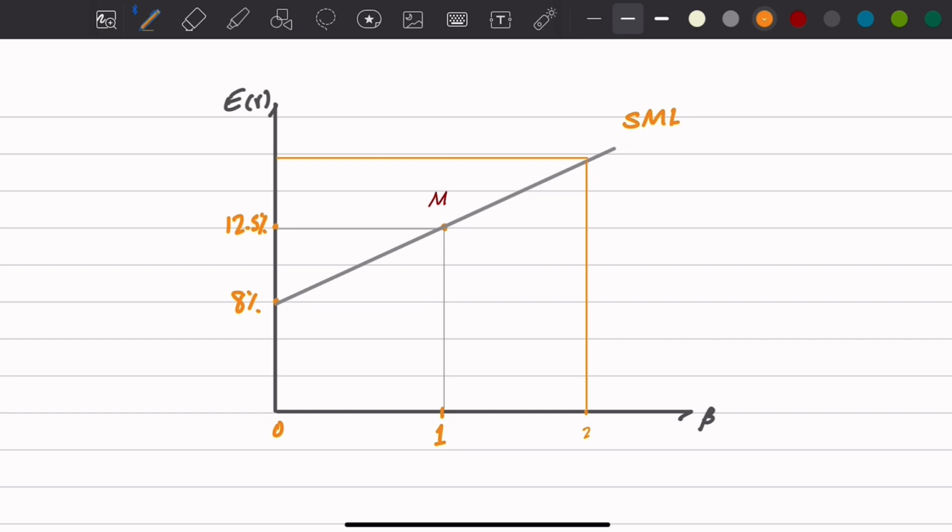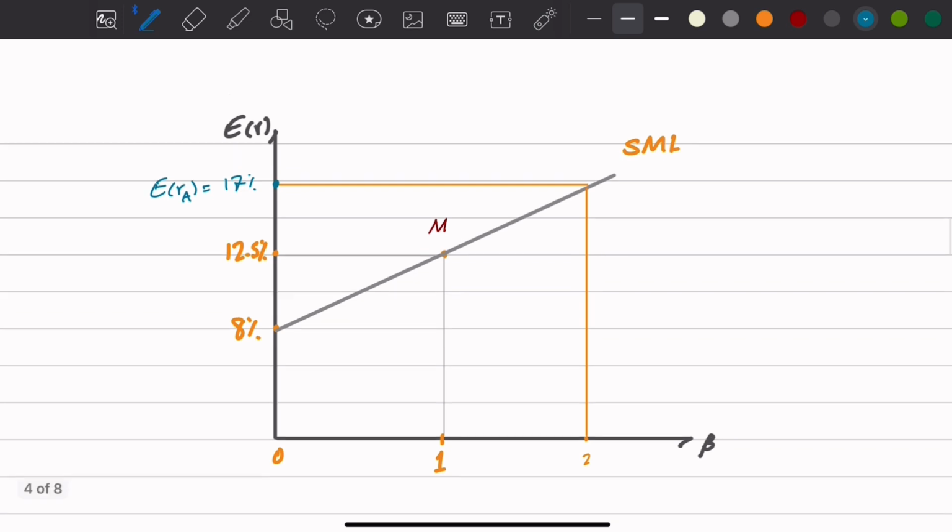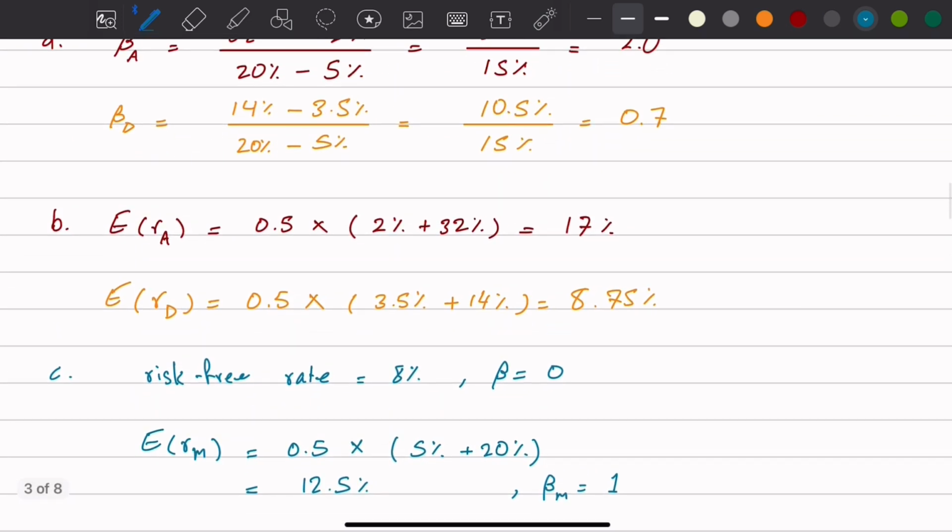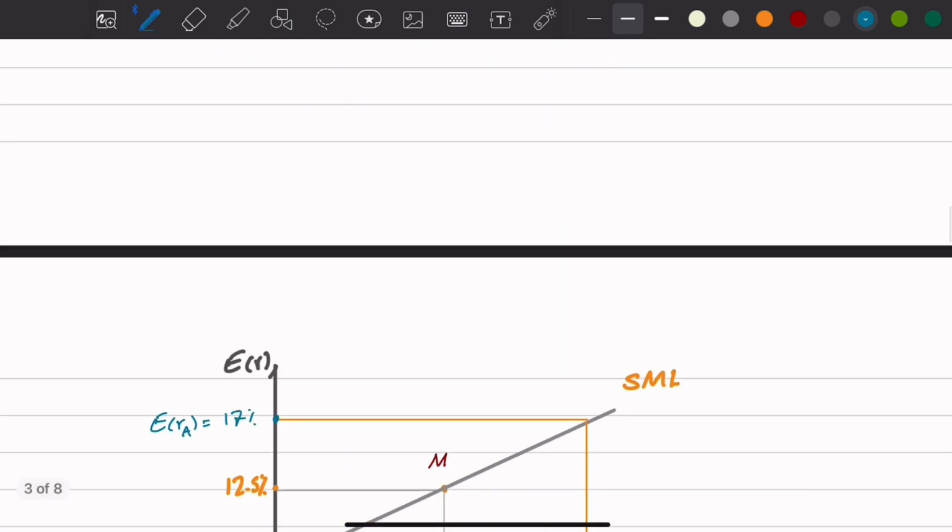All right, and that would be the expected return on the aggressive stock equals 17%, right about here. And here beta equals 2.0. All right. And then for the defensive stock, the beta is 0.7 and the expected return is 8.75%. Okay.